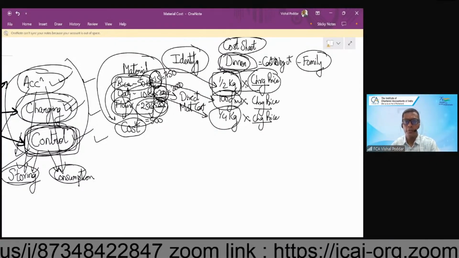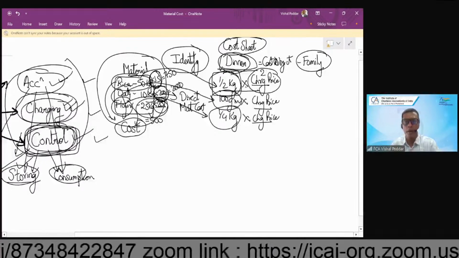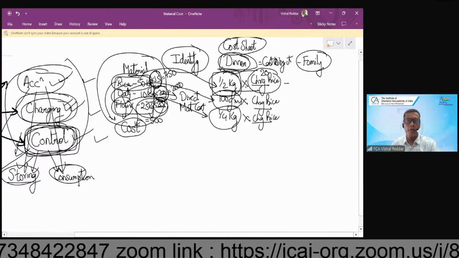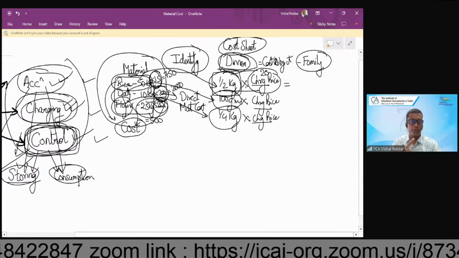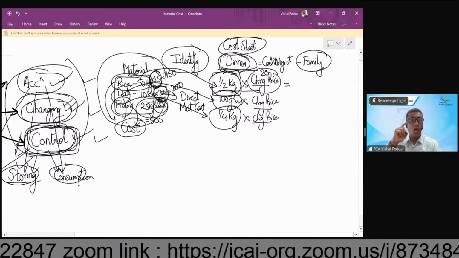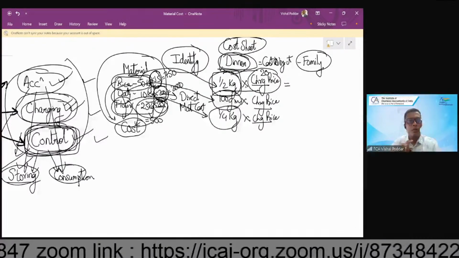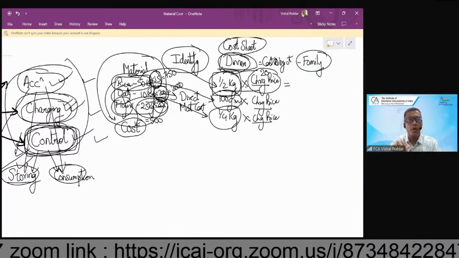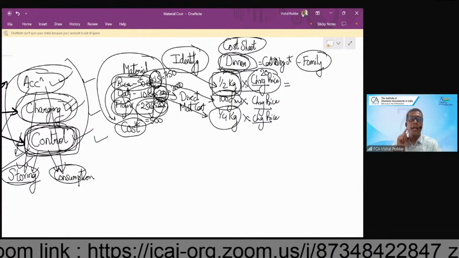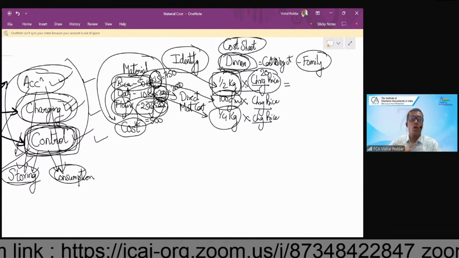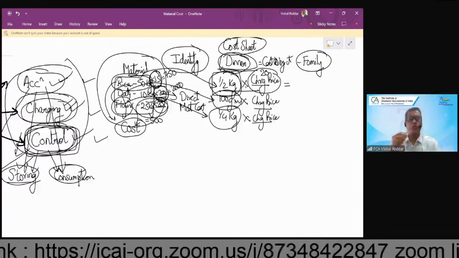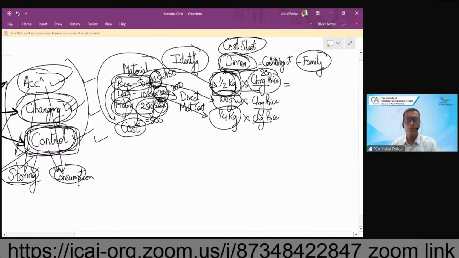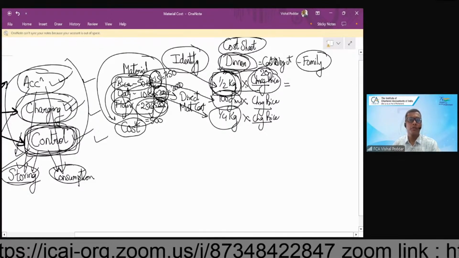Let us say this price for rice comes to 20 rupees. So I will find out how much cost. Now mark the words: how much cost was in that particular product, how much cost I can add to that product, how much cost I can charge to that product. So half a kg consumed into the charging price of 20.